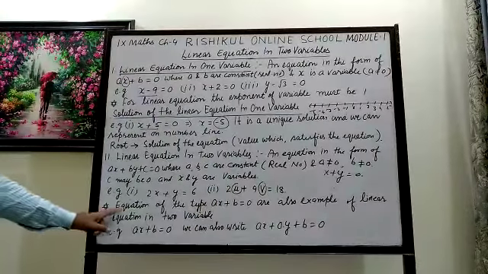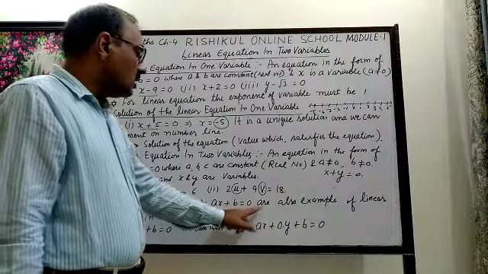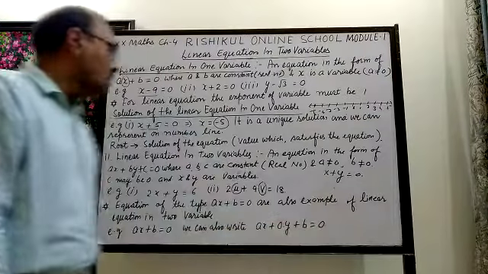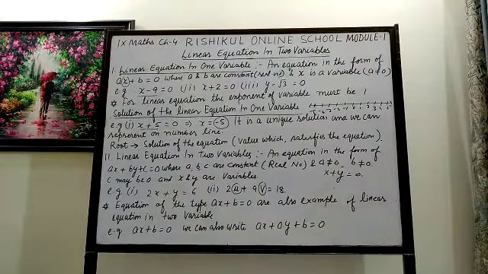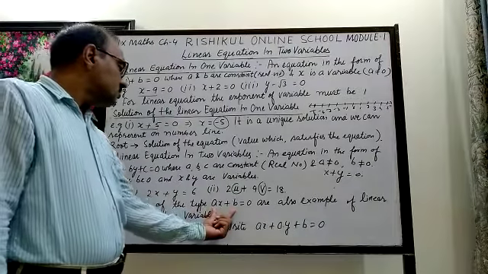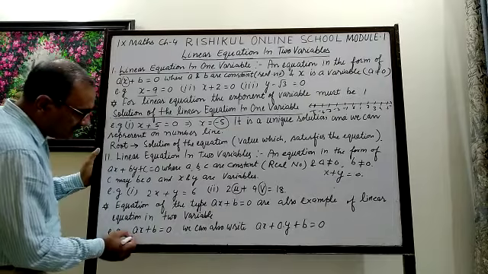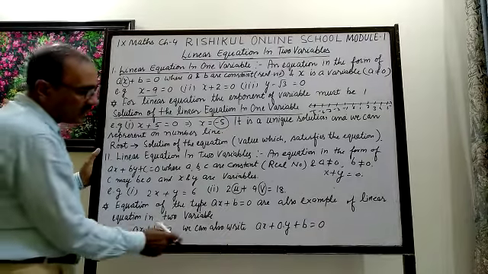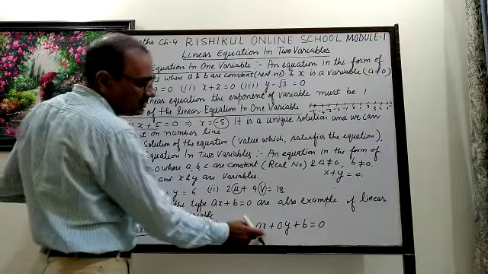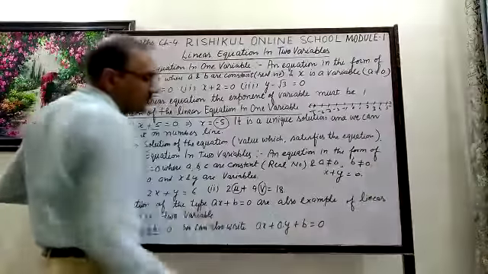So equations of the form ax plus b equal to 0 are also examples of a linear equation in two variables. Because this ax plus b equal to 0 is a linear equation in one variable, and we can also write it as ax plus 0y plus b equal to 0.